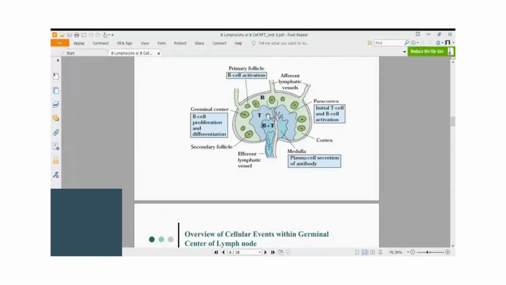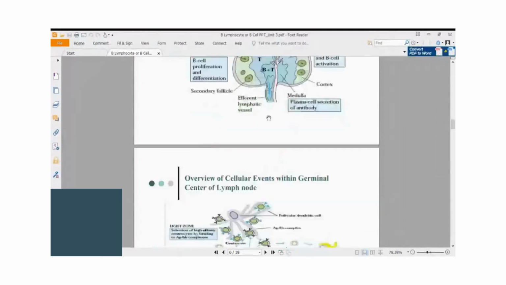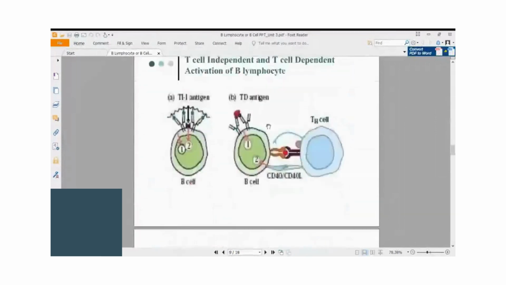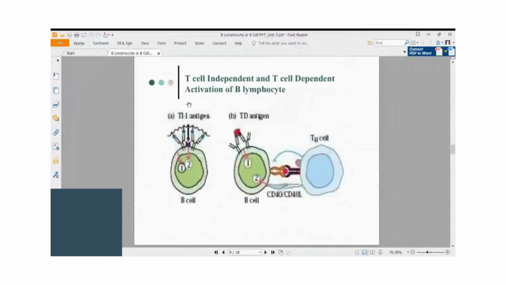The B lymphocytes which have come in contact with the foreign antigen should establish a synapse with the T lymphocytes in the paracortex area. And if they don't establish the contact with the T lymphocytes, they will remain only as T independent B lymphocyte to produce the antibody, and that T independent B lymphocyte development process is called TI antigen, T independent antigen B cell activation.